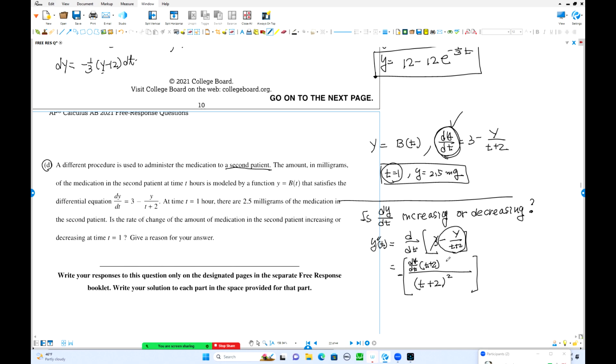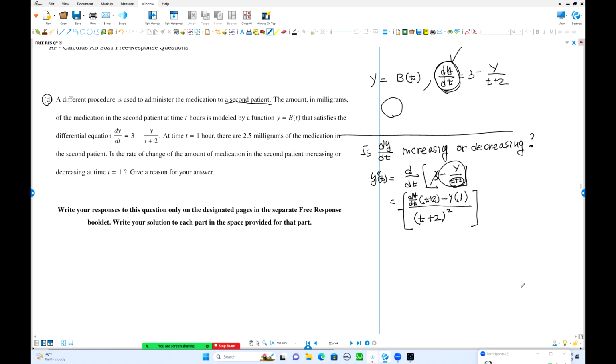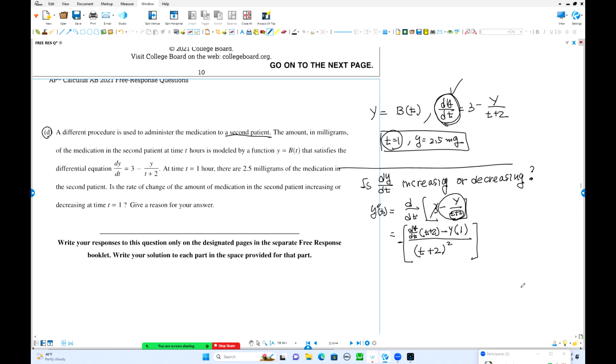The second part is minus y, don't touch y, but multiply by the derivative of the denominator. The derivative of t plus 2 is 1, okay? That's it.